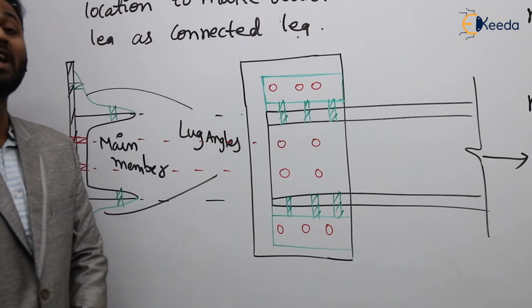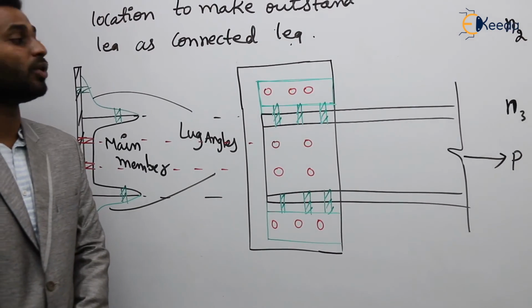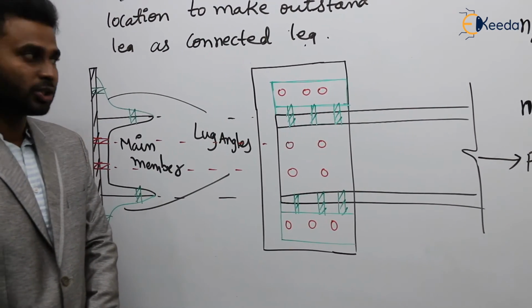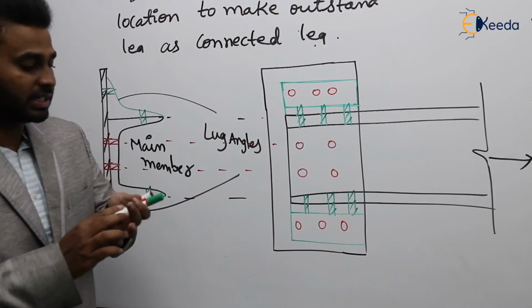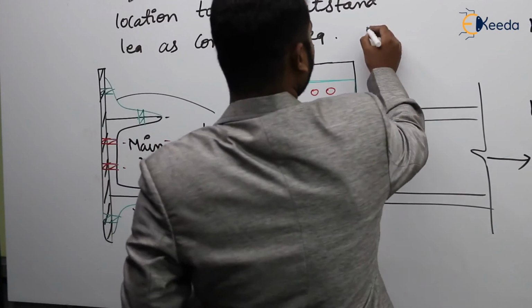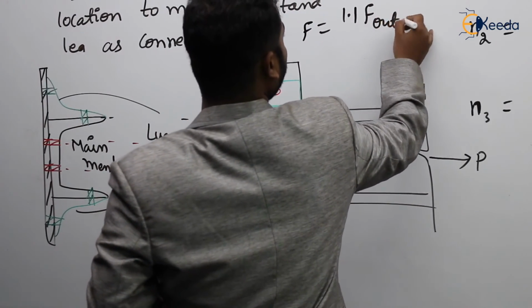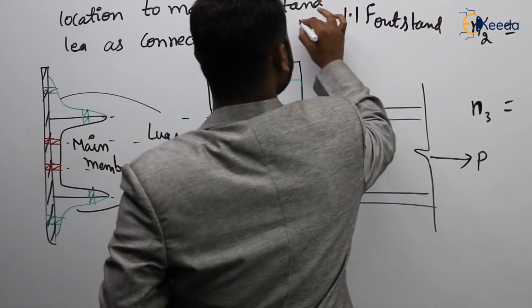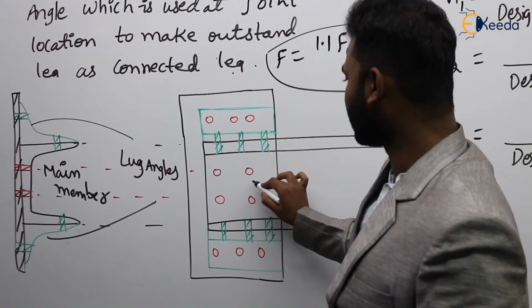To make the outstand flanges of the channel connected flanges, we are going to use two lug angles. Agree or not? We know that in this case we have to design the lug angle for a force of 1.1 F outstand. Of course, this we discussed. Agree or not?